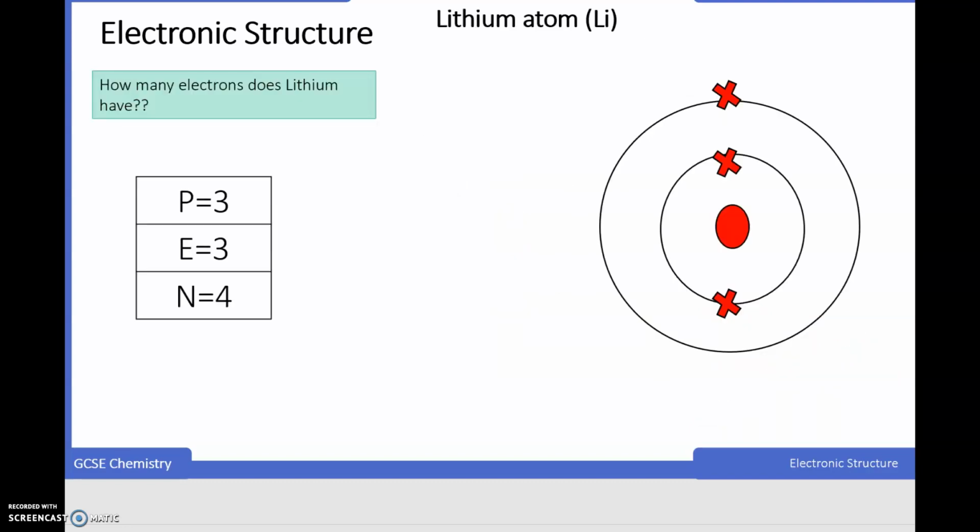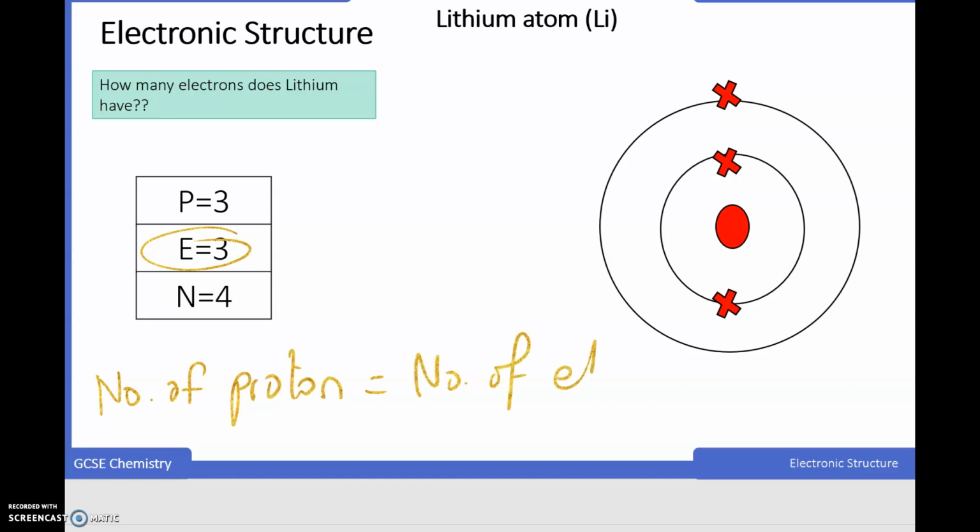If you look at this example of lithium, how many electrons does lithium have? The answer is 3. And if we look at this periodic table, you notice that the number of protons is equal to the number of electrons.